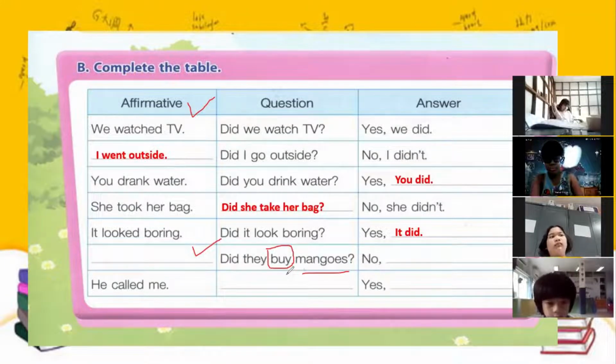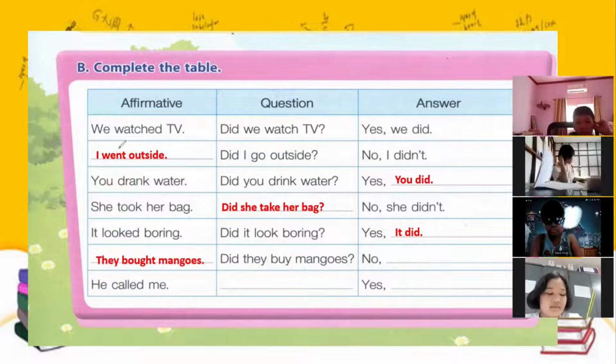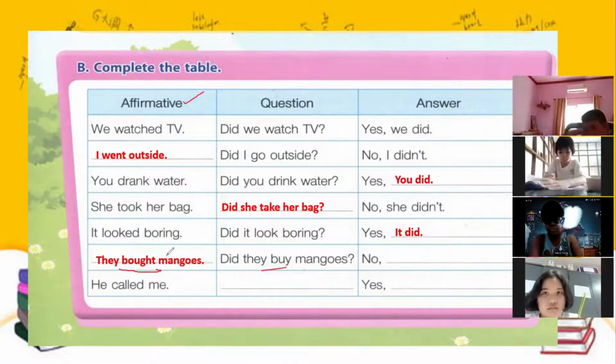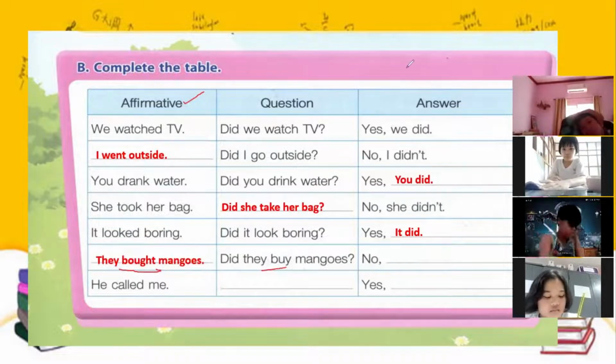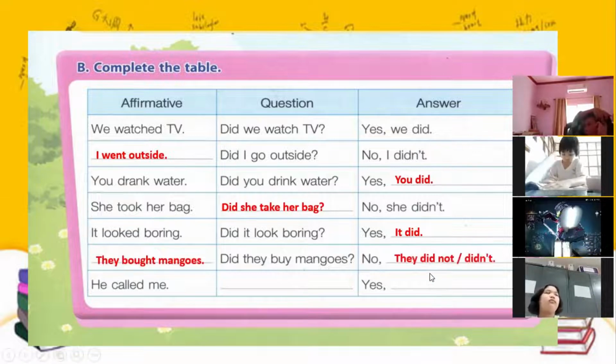They bought mangoes. Second form. Because as I already told you, in affirmative, we use the second form for irregular verbs. So buy, bought. Okay. So the answer will be no, they didn't. Or no, they did not.